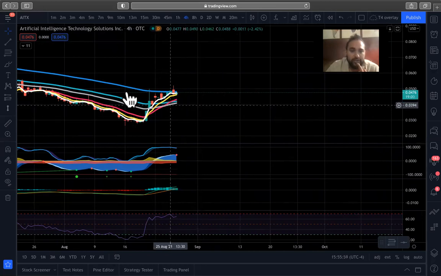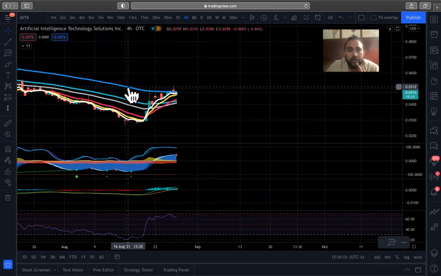It hit the resistance level of the 100-day EMA right now. I always preach that the EMAs, I use an EMA ribbon pretty much. I use Fibonacci numbers: a 3 EMA, 6 EMA, 13, 34, 50, 100, and 200-day EMA.